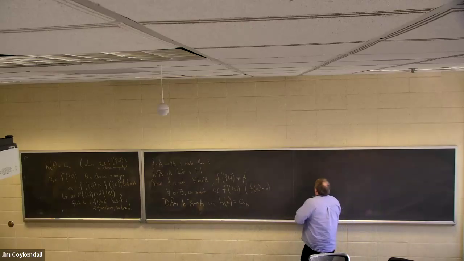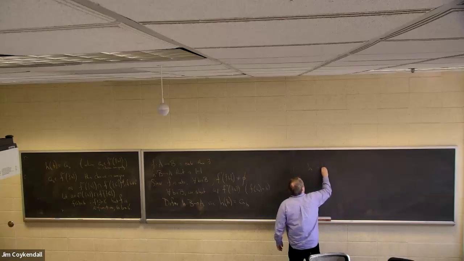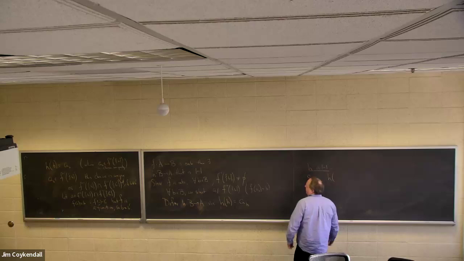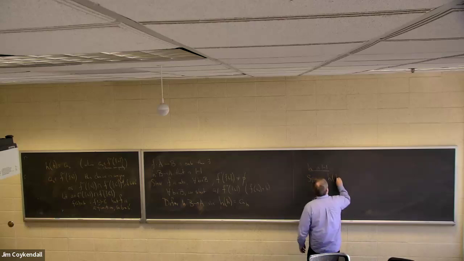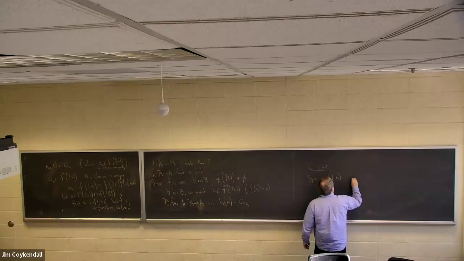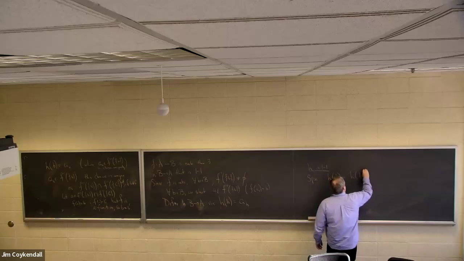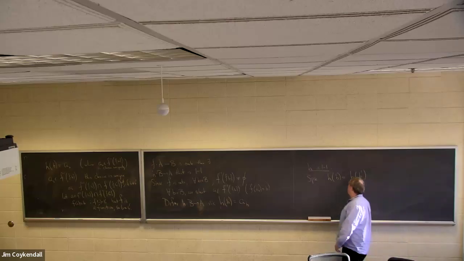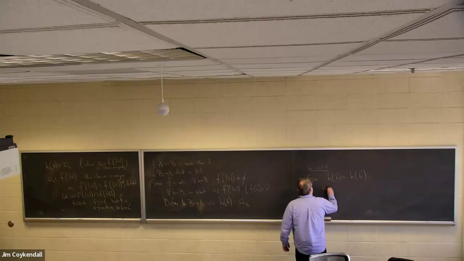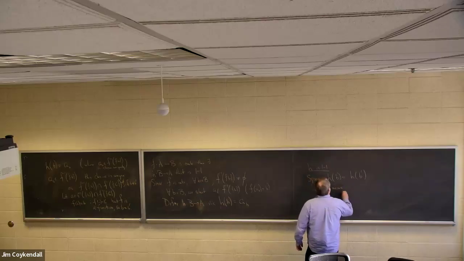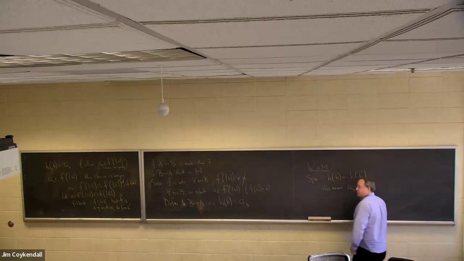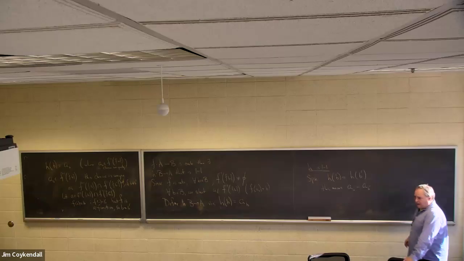Now I claim that H is 1-to-1. Suppose H of B equals H of B prime. This means, using our notation, A sub B is A sub B prime.